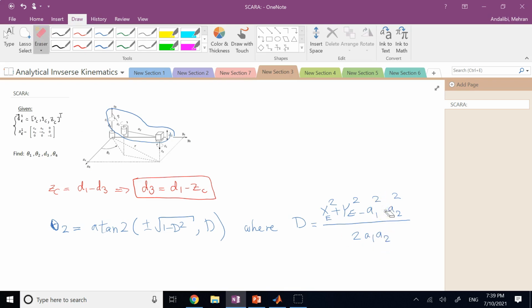It was a constant number, and using that I could determine theta 2 and also theta 1.